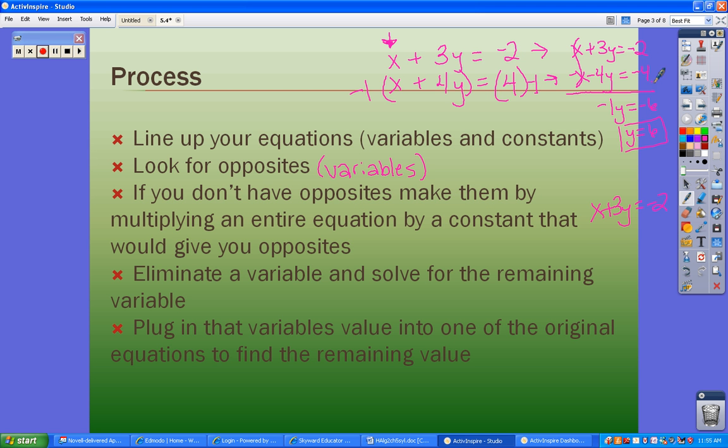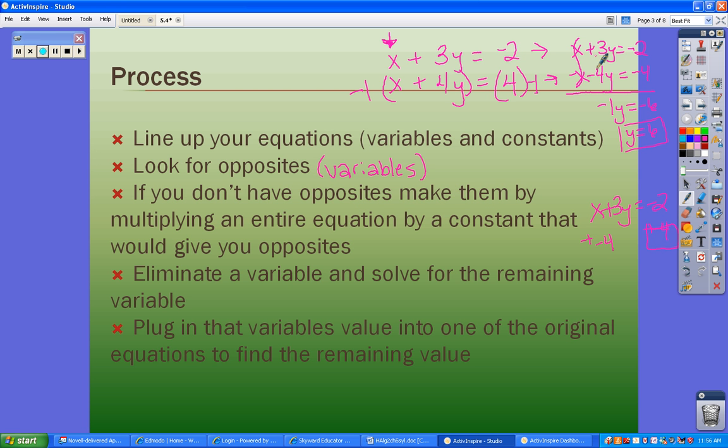I think everybody can see that I added -4 to the right hand side, and I think everybody agrees that if I add -4 to this side, I have to add -4 to that side. It doesn't appear that we did that, but we really did. When I add -4 to the right, I added -x minus 4y to the left. That is equivalent to -4 because it says that they are equal.